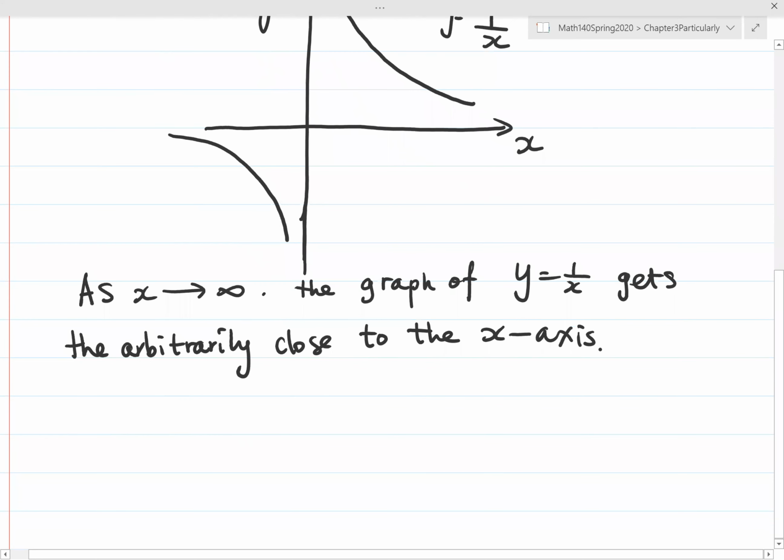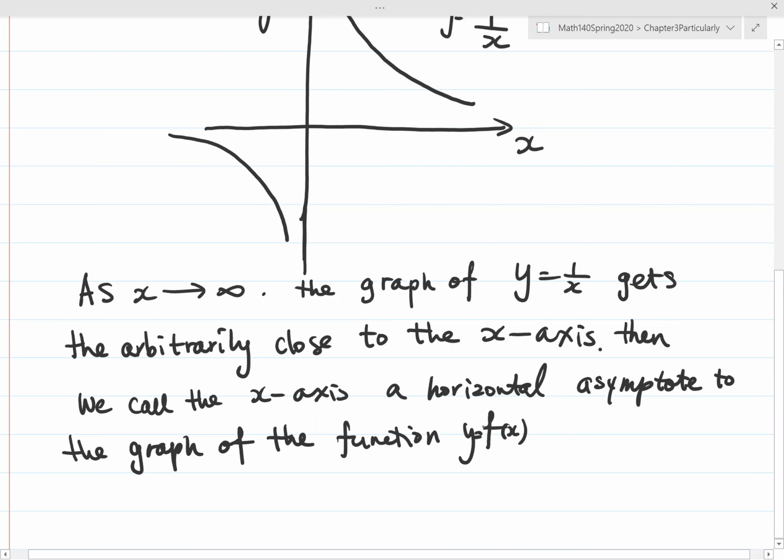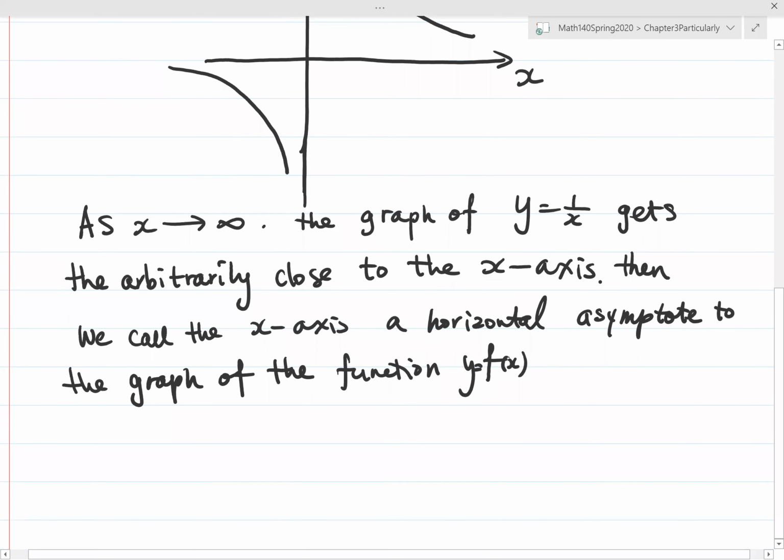Now, in this situation, we call the x-axis a horizontal asymptote to the graph of the function y equals f(x). So this is the definition of horizontal asymptote.